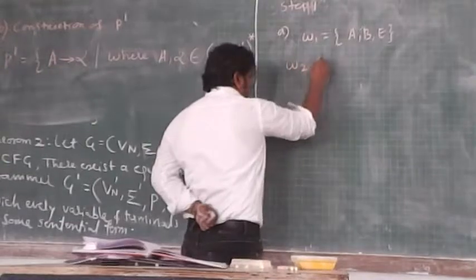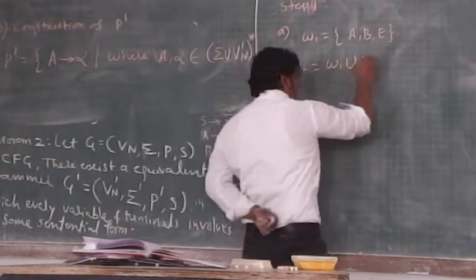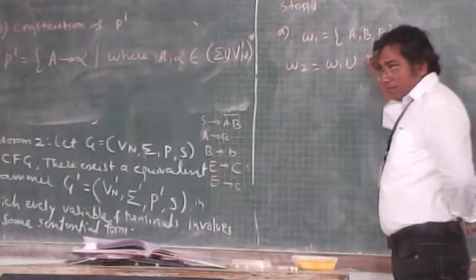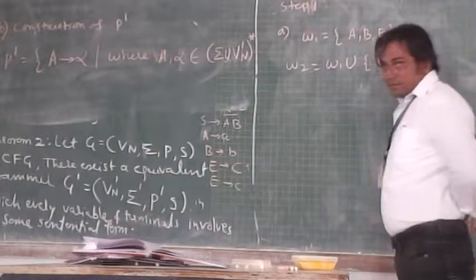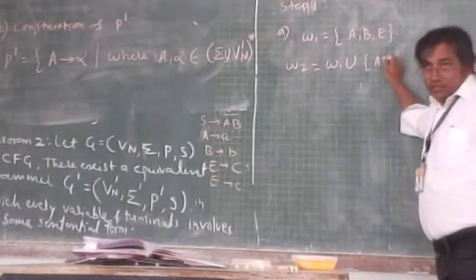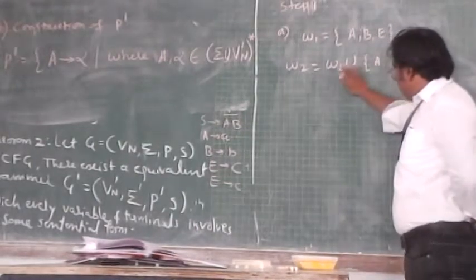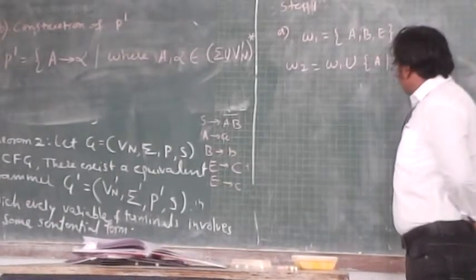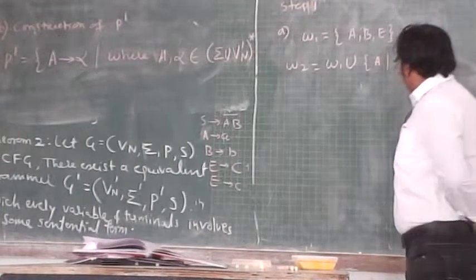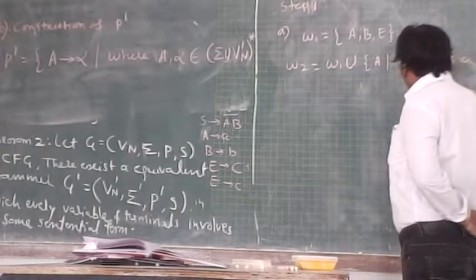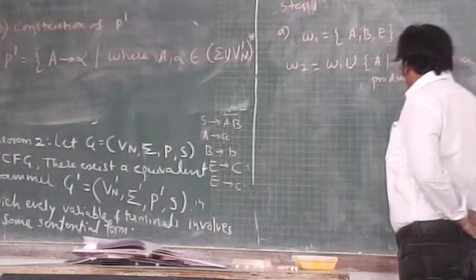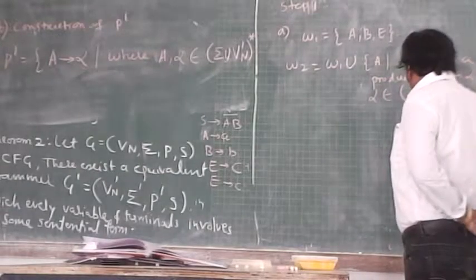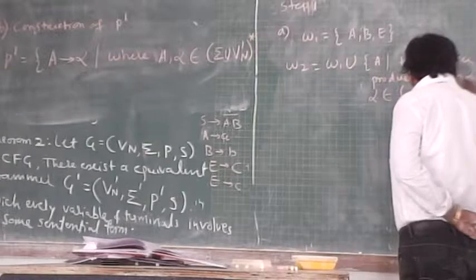W2 I need to calculate. W2 is W1 union, and see, in an examination you have to write like this: W1 union the variables for which there exists a production A implies alpha, where alpha belongs to (Sigma union W1) whole star.